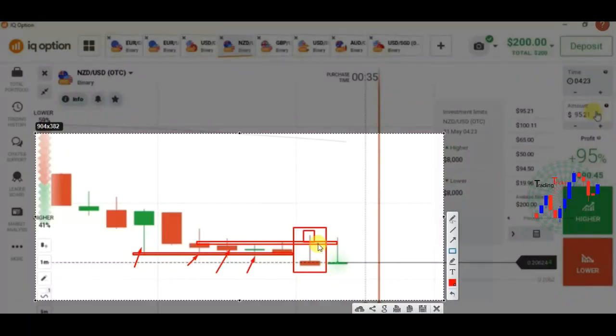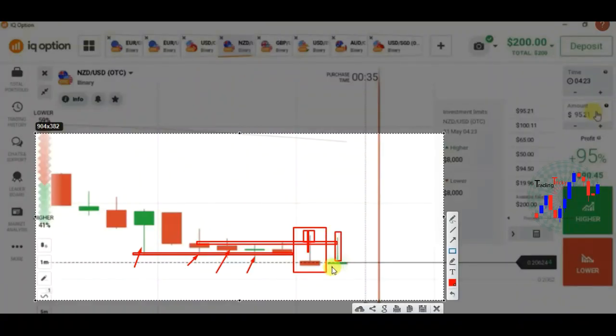So we can consider sellers are here, and though the candle closed below every candle, I'm still expecting buyer's entry, but not in these candles, because here we have some seller's entry. So due to this selling pressure, there will be some seller's entry.